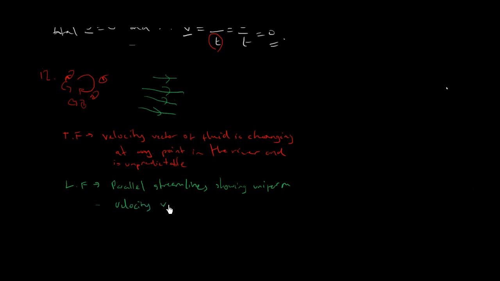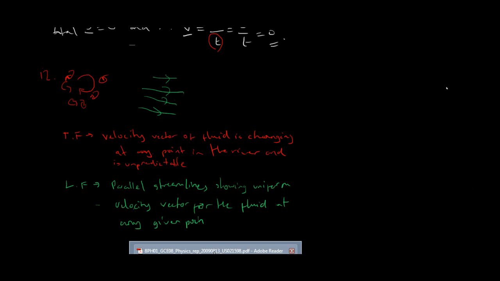Velocity vector for the fluid at any given point. Okay, that's laminar flow. So hopefully those answers are more full and useful for you to use in the future. Let's have a look at the next question.